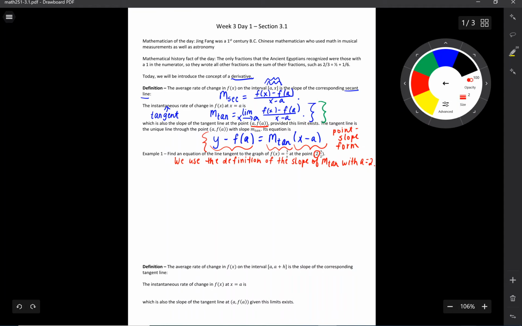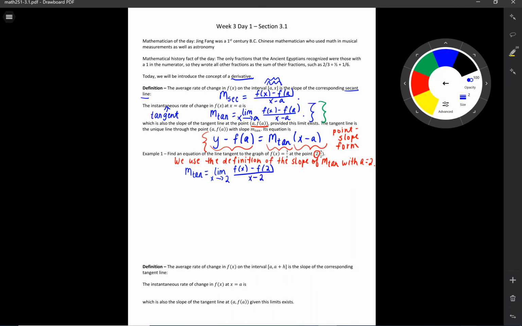So I know that m sub tan is equal to the limit as x approaches, in our case it's 2, of f of x minus f of 2 over x minus 2.